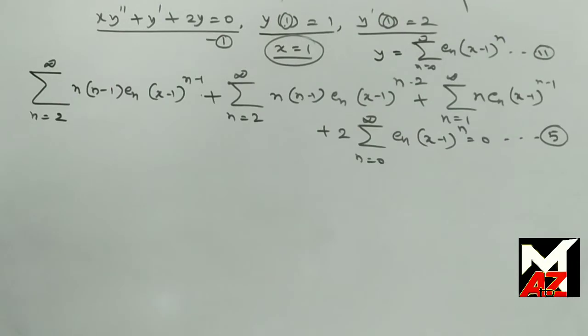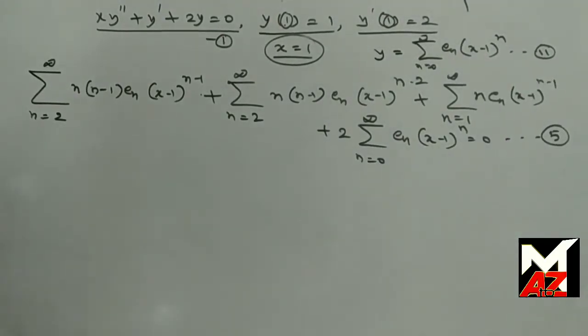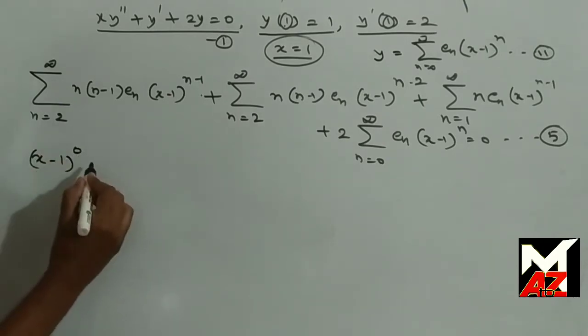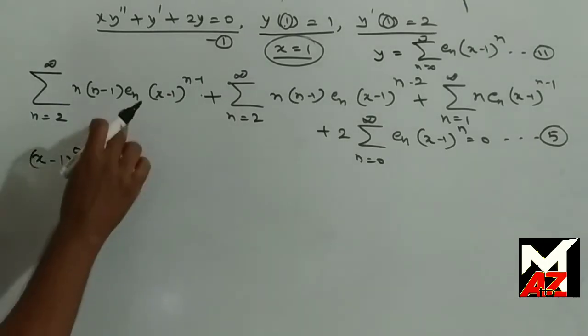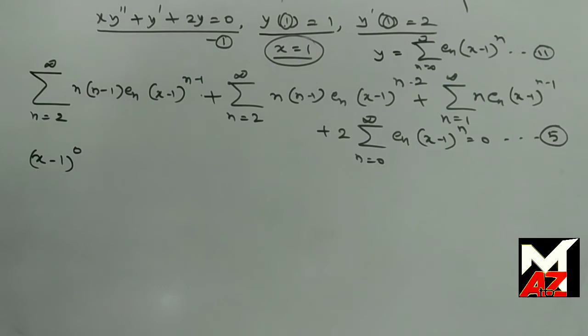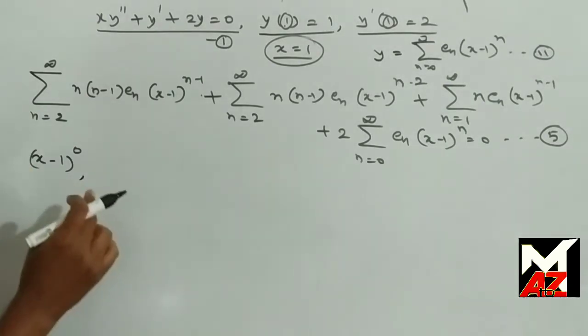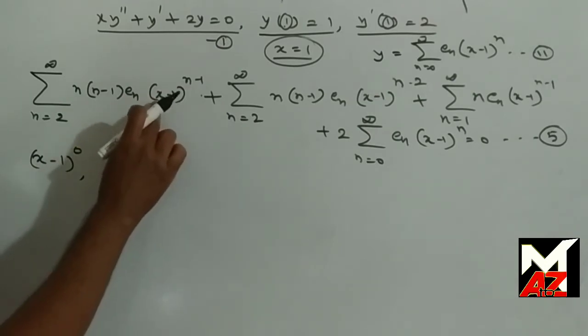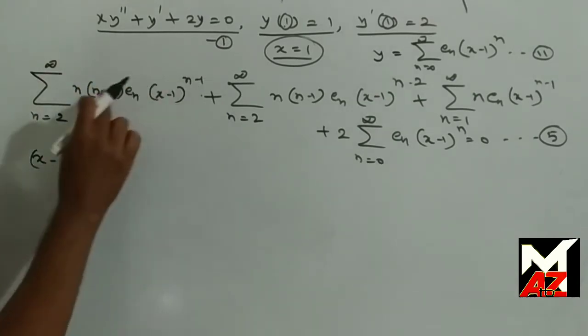5. Now equating the coefficient of x minus 1 to the power 0 from both sides, since it is an identity, we get... here x minus 1 to the power 0, that means n equal to 0.